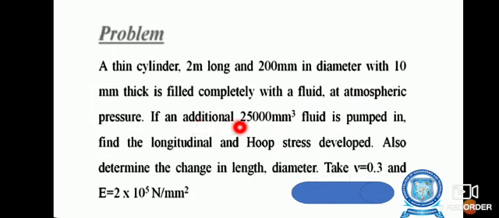If an additional 25,000 mm cube of fluid is pumped in, find the longitudinal and hoop stress developed. Also determine the change in length and change in diameter. Take V is equal to 0.3 and E is equal to 2 into 10 power 5 Newton per millimeter square. That is the data inside the problem.